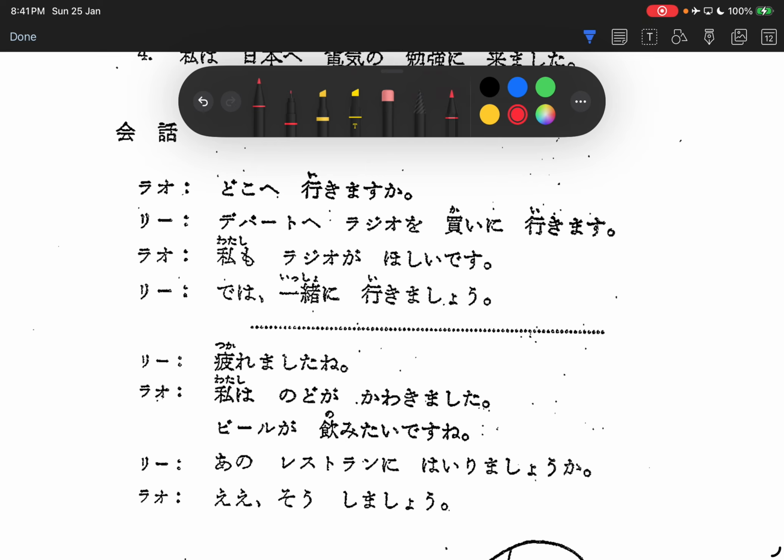Okay, let's go. どこへ行きますか? デパートへラジオを買いに行きます。 私もラジオが欲しいです。 Okay, good. では一緒に行きましょう。 疲れましたね。 私は喉が渇きました。ビールが飲みたいですね。あのレストランに入りましょうか。そうしましょう。 Okay, very good. Okay, I think some of the intonation part a bit weird.